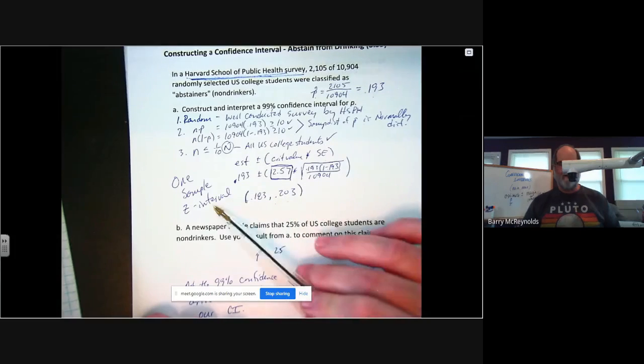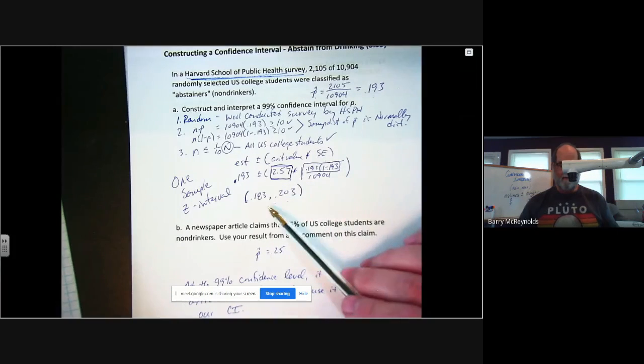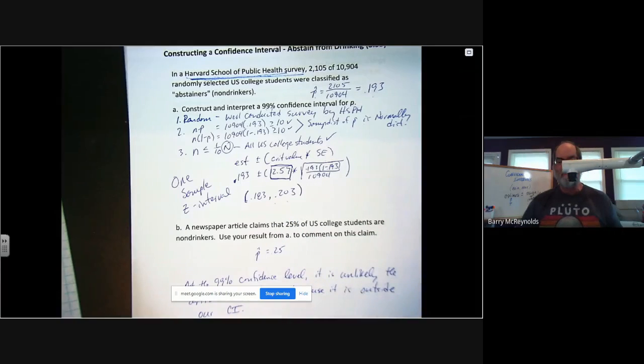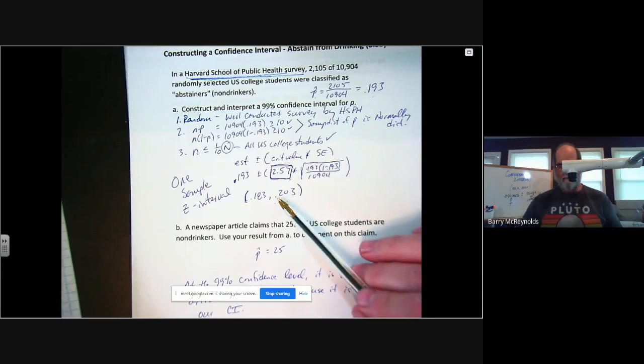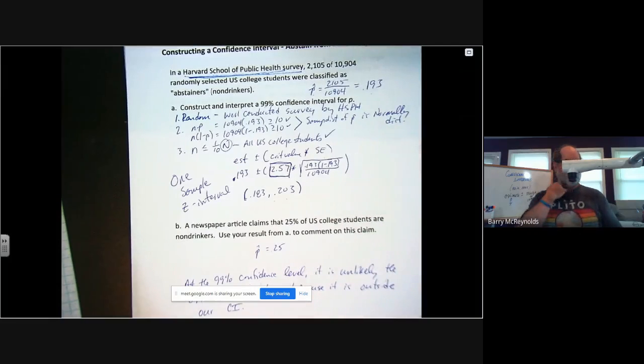But for right now, all we have is this one sample. And this is the interval that we get from that sample. And if you look at it, it's a pretty small number, between 18% and 20%. So it's a pretty narrow interval. We think we've got it narrowed down pretty well based on this one particular sample.